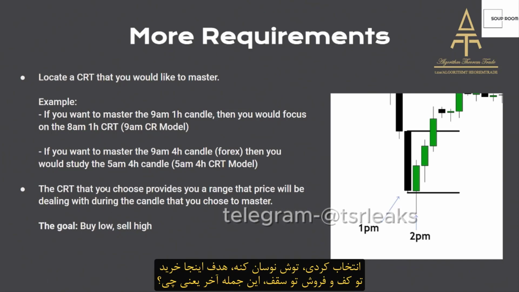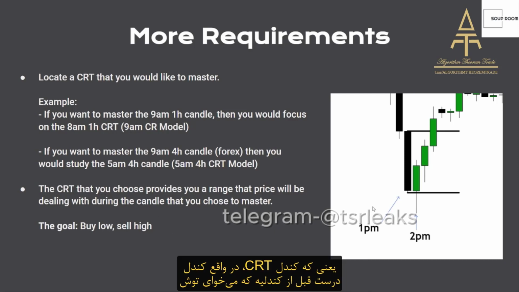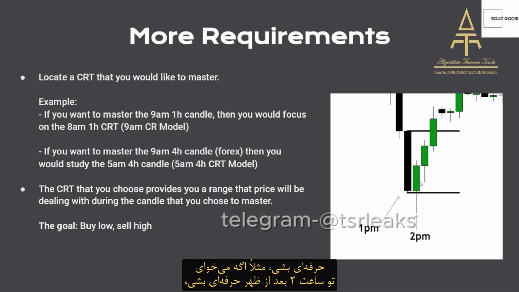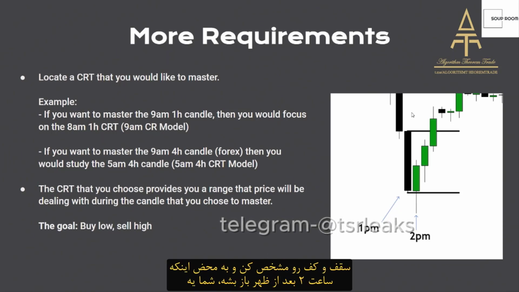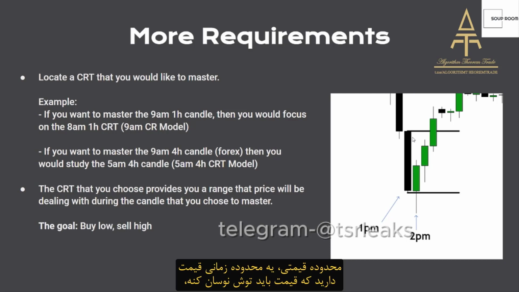What does this last statement mean? This means that the CRT candle is basically the candle right before the candle that you would like to master. So in this example, if you want to master 2 p.m., you would use the 1 p.m. 1-hour CRT candle, draw out the high and low, and as soon as 2 p.m. opens, you already have a price range, a timed price range, that price should be dealing with.